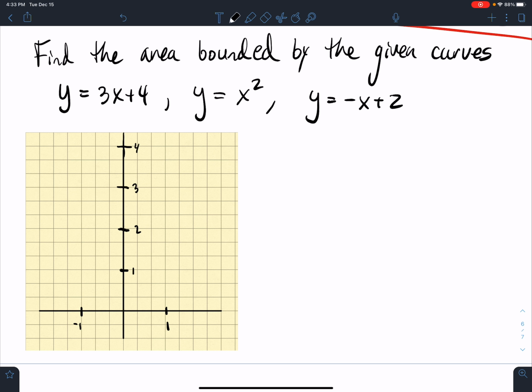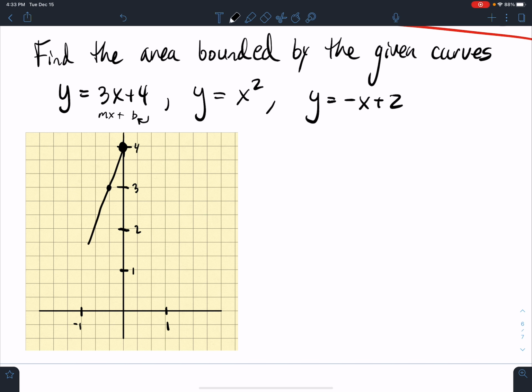Now, to graph a line, y equals mx plus b. B is where I put my first dot at the 4, and then my slope is up 3 over 1. That's at 3 right there. So that's the same as going down 3, left 1.